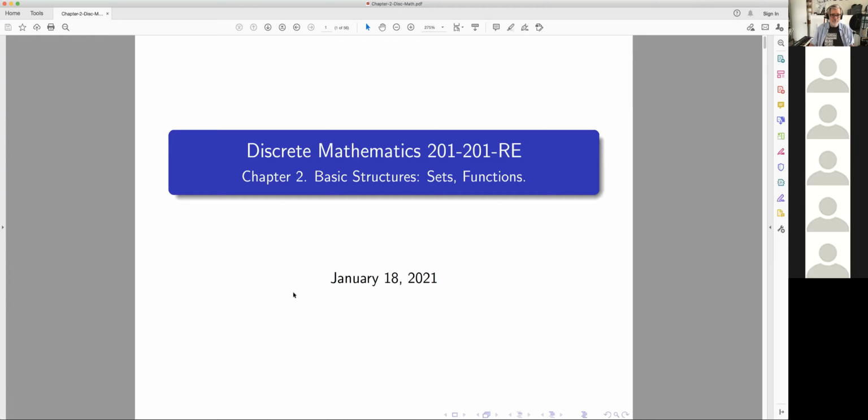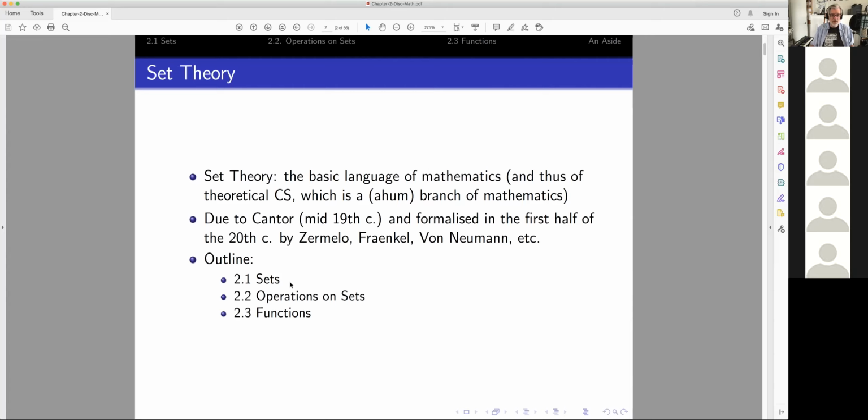This is basic set theory, which is the basic language of math. All of modern mathematics is based on set theory. If you're more a programmer type, this is the assembly language of mathematics.